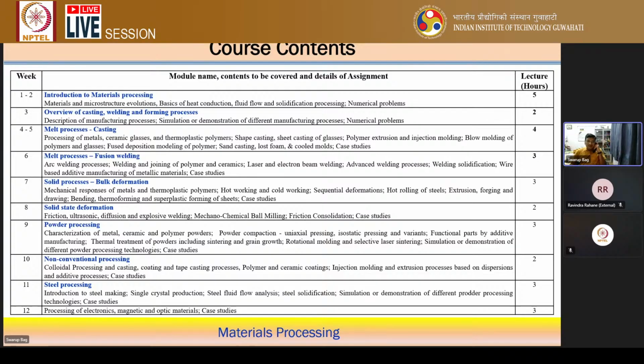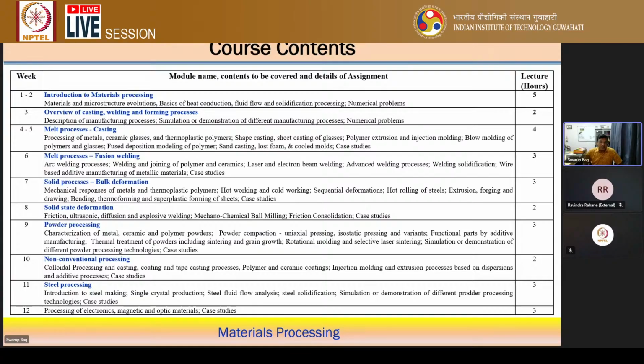Therefore we have discussed single crystal production and fluid flow analysis, steel solidification, and then finally the demonstration of different product processing technologies and case studies.